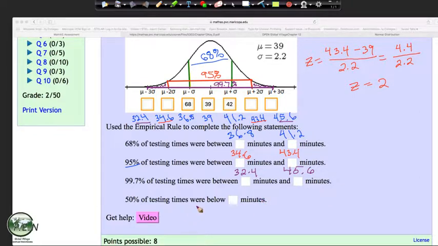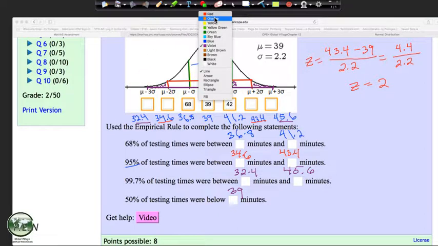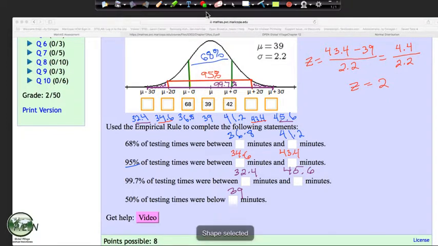50% of the testing times were below how many minutes? 39. Excellent. If we know the mean, we know 50% are below, 50% are above. So that's what these things will work with. Again, you could highlight that with, I guess we used green already.